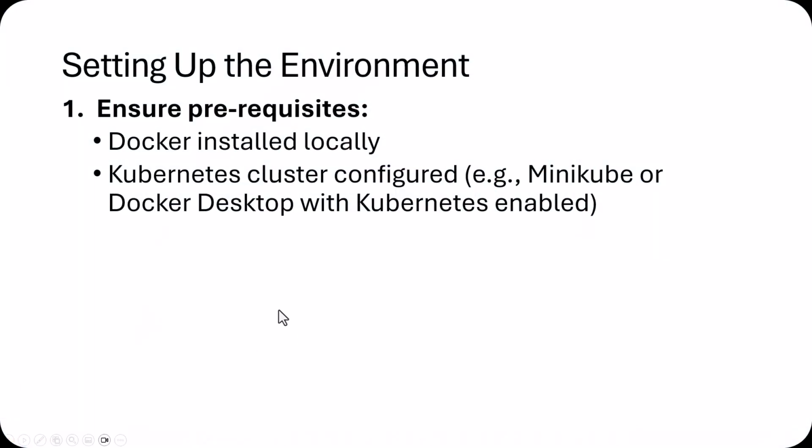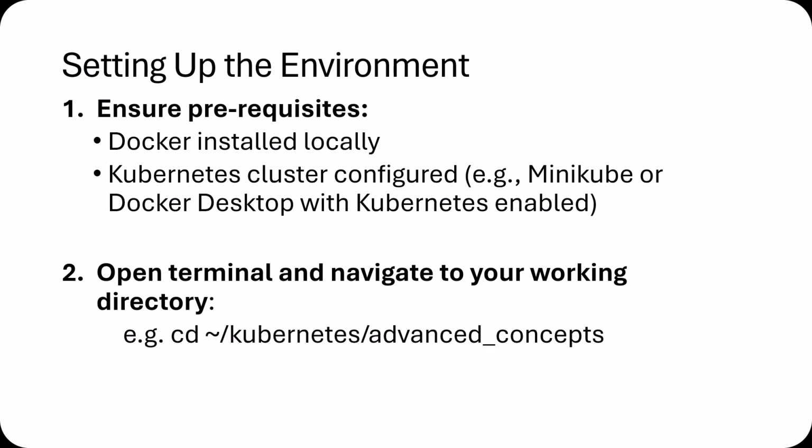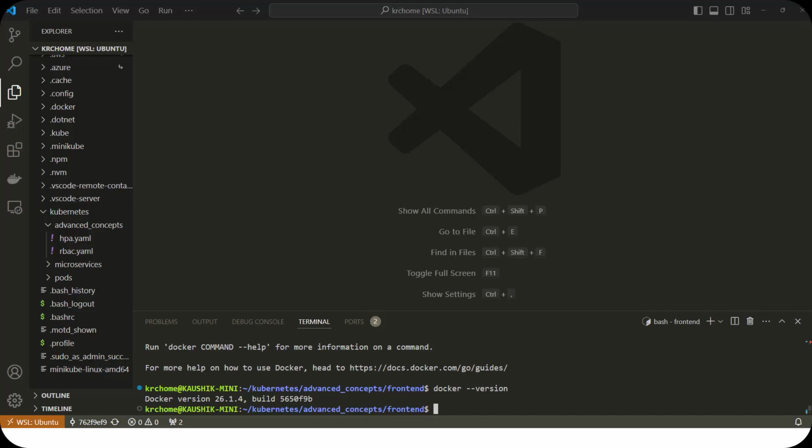Now you have to open the terminal and navigate to your working directory. My present working directory is Frontend, and my root directory is advanced concepts, which we have already built earlier at the time of explaining the advanced concepts lecture previously.